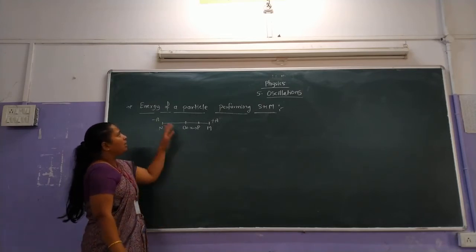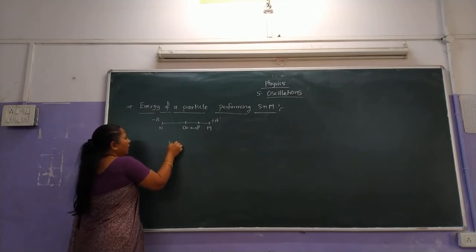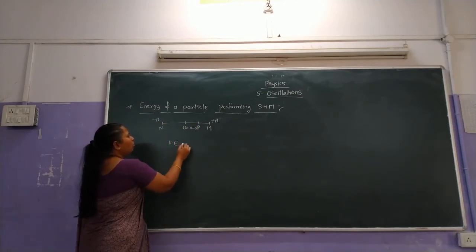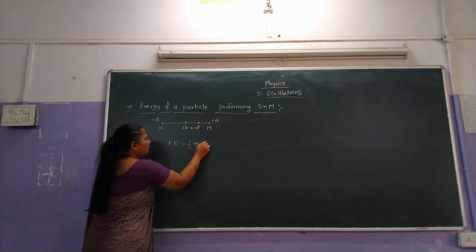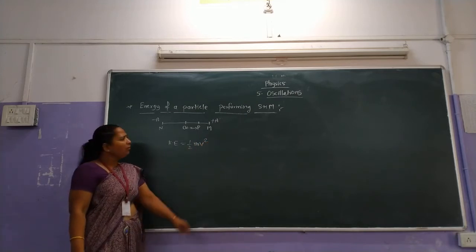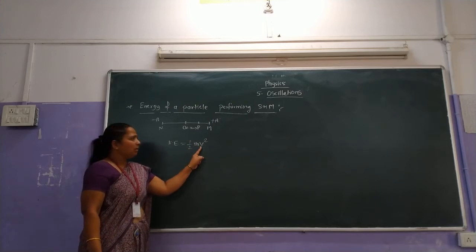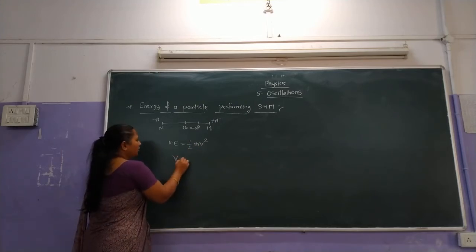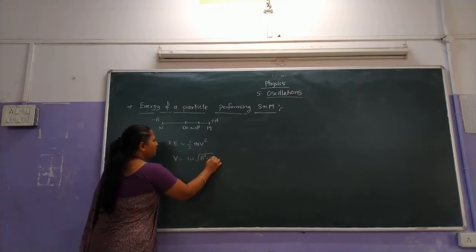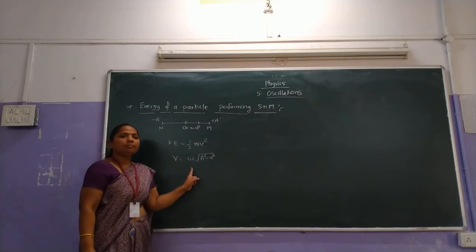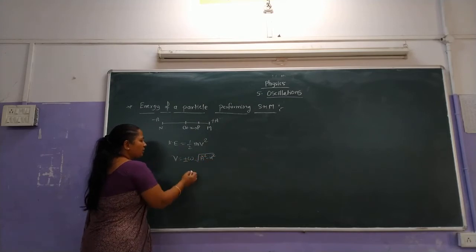Kinetic energy of a particle performing SHM is given by the formula half mv square. Here v is the velocity of the particle performing SHM, v is equal to plus minus omega square root of a square minus x square.